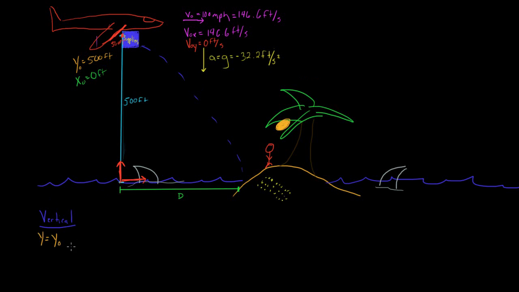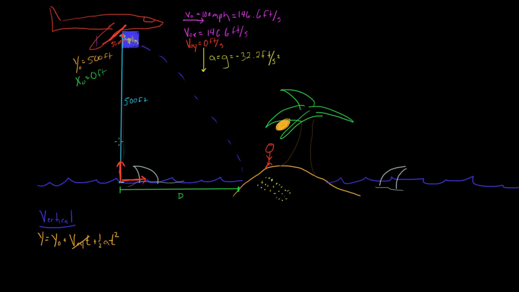So we have our final y position is equal to an initial y position plus an initial velocity in the y direction times time plus 1/2 times the acceleration times time squared. And we know all of these pieces of information except for time. We know that we have no velocity in the y direction because it's only in the x direction, so we can cross that term out.